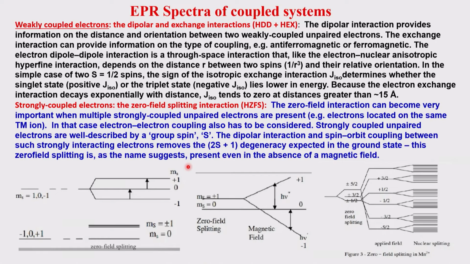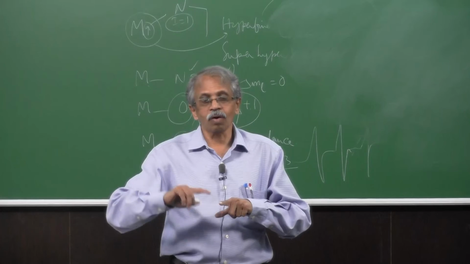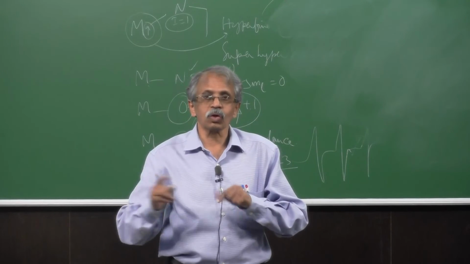How two electrons? It is not a diradical, but a lot of transition metals in some high spin state will have 2 electrons, and sometimes even a lower spin state could have, and these 2 electrons may be weakly connected or not so weakly, or strongly.